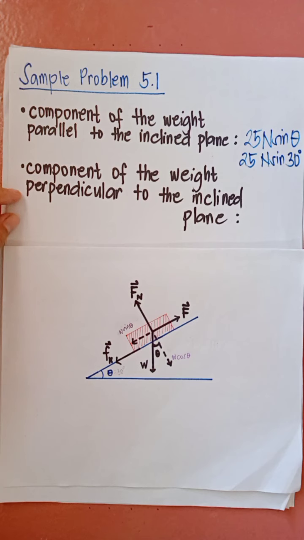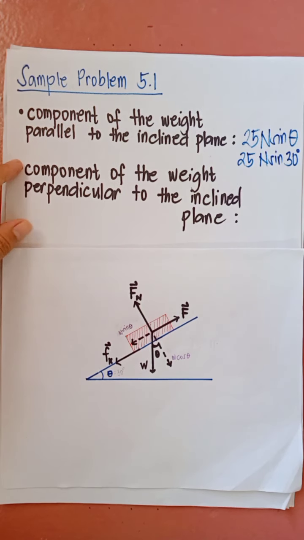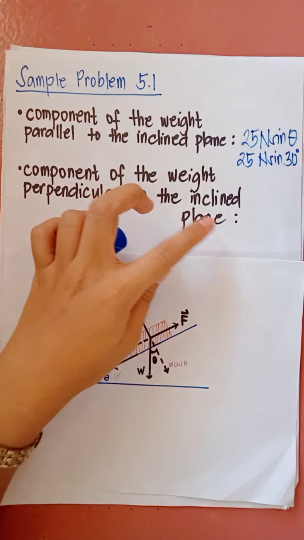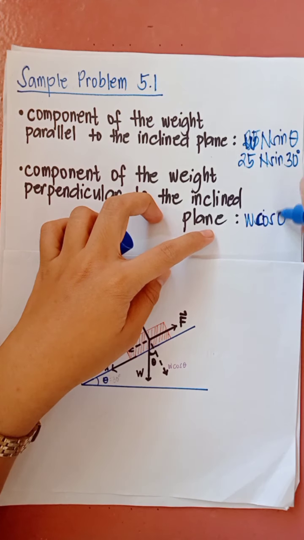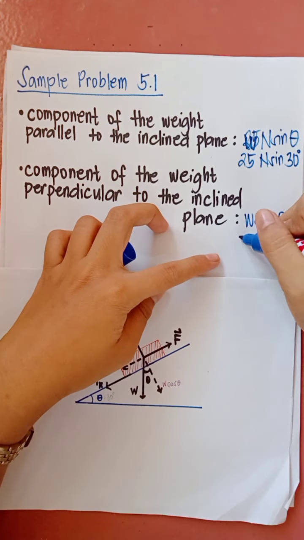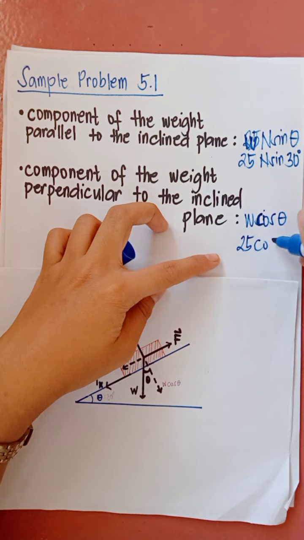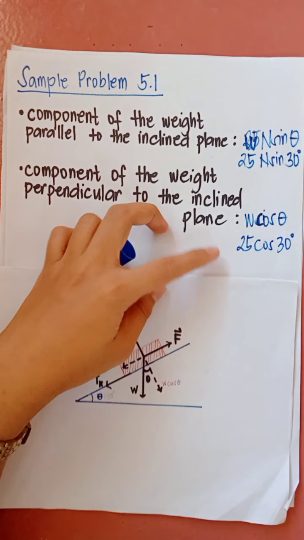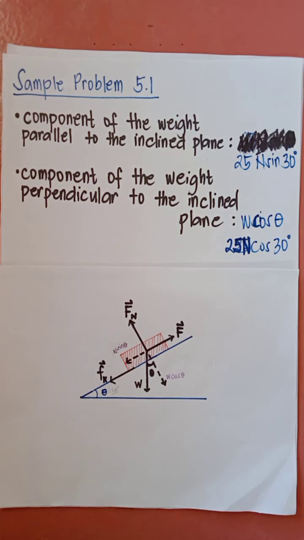And for the component of the weight perpendicular to the inclined plane, we have 25 cosine 30 degrees. Okay, so that's what we have for the weight or the gravitational force acting on the block.